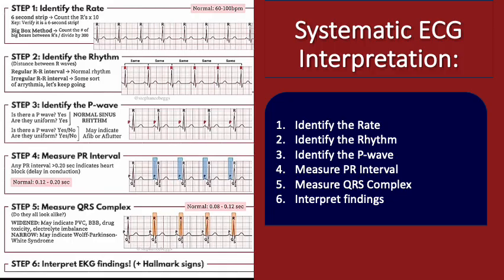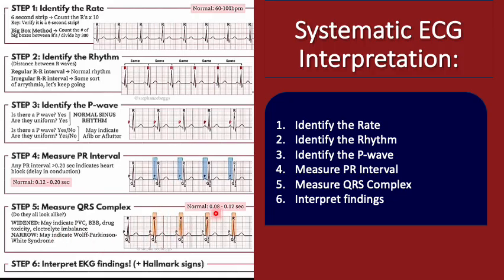The next step is to determine the PR interval. Any PR interval that's greater than 0.2 seconds usually indicates a heart block, because the normal PR interval is 0.12 to 0.2. And then the fifth thing I normally do is check the QRS complex to see if it's widened or narrow.